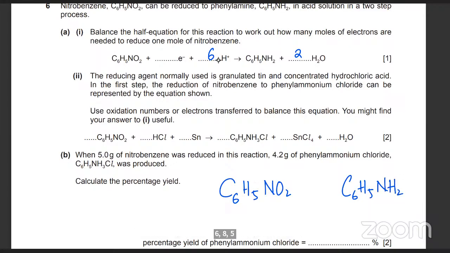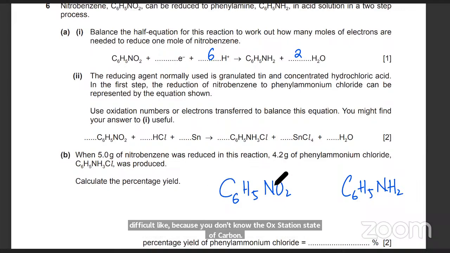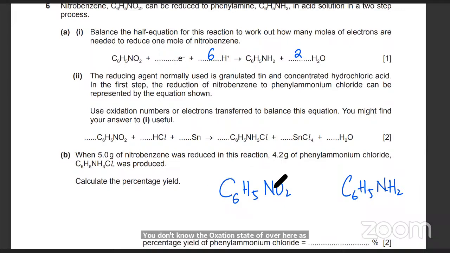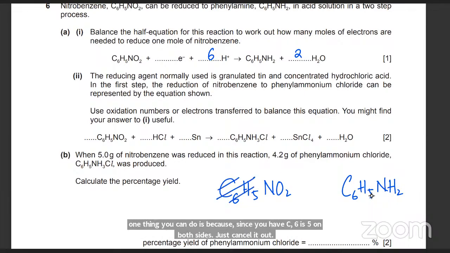C6H5NH2. Since both of them have C6H5, finding the oxidation state is going to be difficult, because you don't know the oxidation state of carbon, and you don't know the oxidation state of nitrogen either. When there are two unknowns, you can't find the oxidation state. But one thing you can do is, since you have C6H5 on both sides, just cancel it out, because it's a constant.